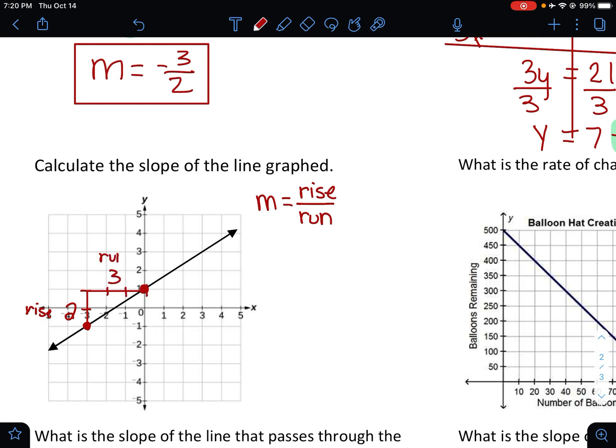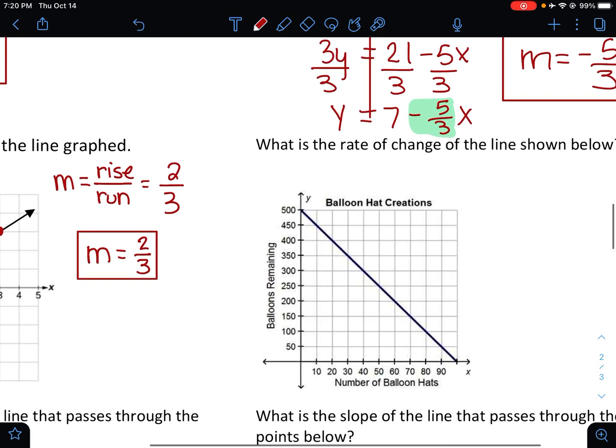So my run was 3. My rise was 2, my run was 3, which tells me my slope is 2/3. Now, you can pick any pretty points on the graph. If I continue that pattern of rising 2 and running 3, I should get another point on the graph. Rise over run.